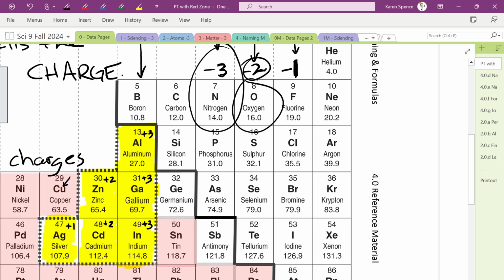And if you haven't written these on and you don't know that aluminum is +3, make sure you write those on for yourself, okay? Al is +3, gallium is +3, and indium is +3, okay? Zinc is +2, cadmium is +2. And silver is +1. So if you don't yet have those ones, make sure you've got them now. Okay? All right.